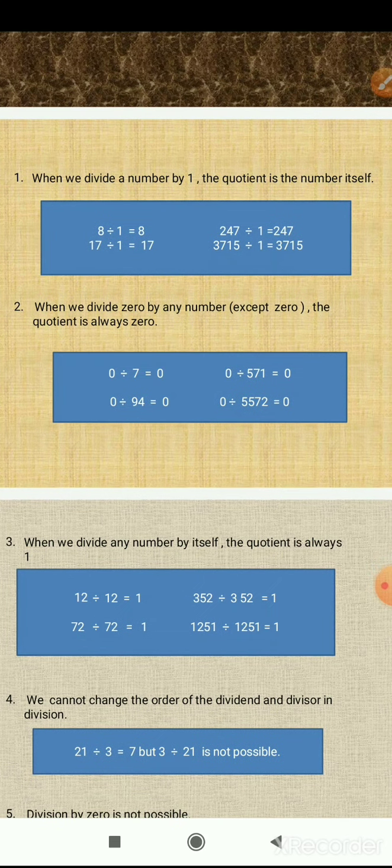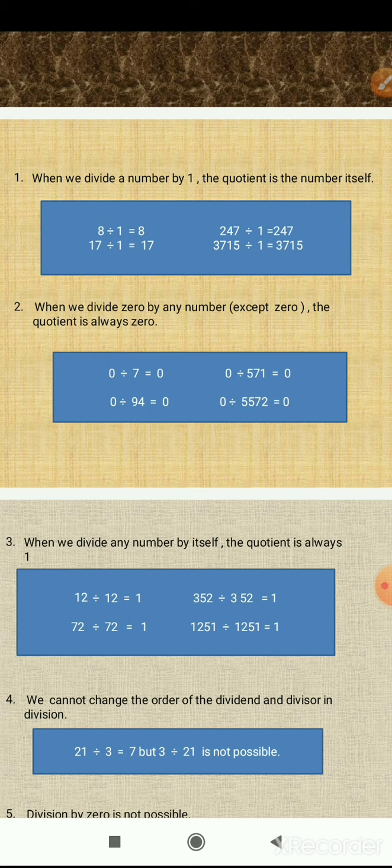Second property: when we divide 0 by any number except 0, the quotient is always 0. Here we have shown some examples. We divide 0 by 7. We can take any number. So when we divide 0 by 7, we get quotient 0.